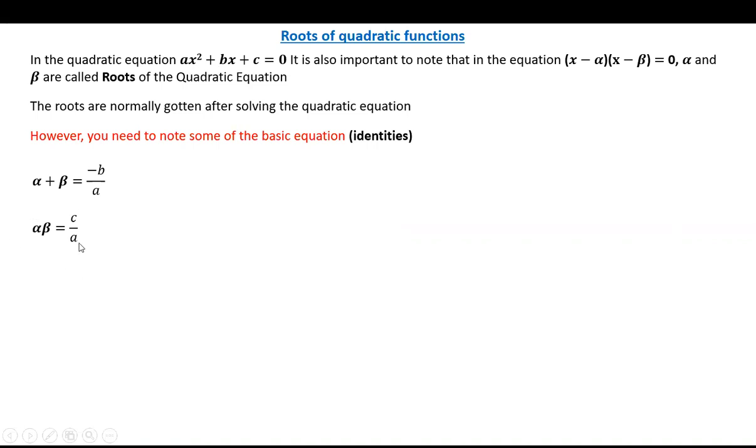It also applies on this one here, so alpha times beta is just equal to c over a. So let us now try to look at examples, because basically what I've explained is all that you need to know about the roots of quadratic functions.